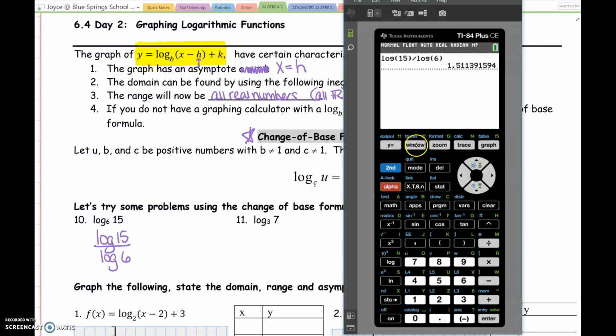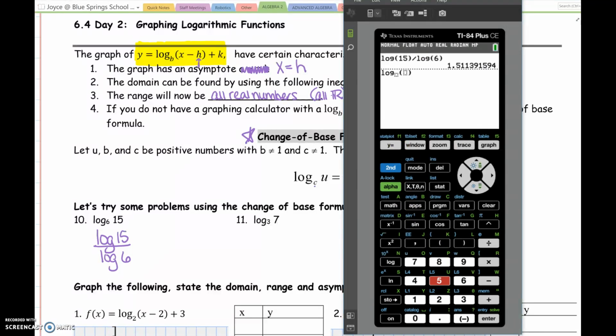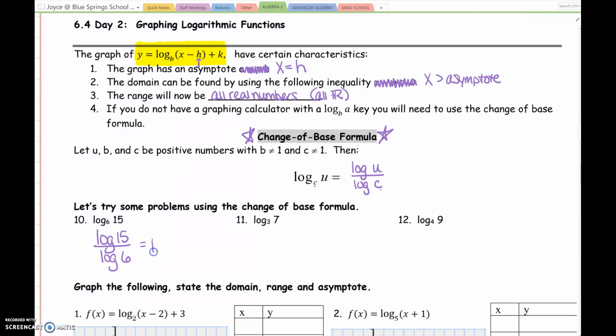If I do alpha window and then select option number 5, my log base, and type in log base 6 of 15, notice that I get that same decimal, 1.511. So using this change of base formula with the log button, or using the log base feature in your calculator, you should get the same thing either way, 1.511.